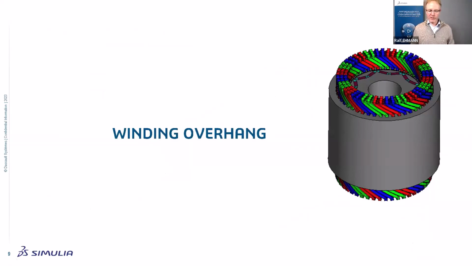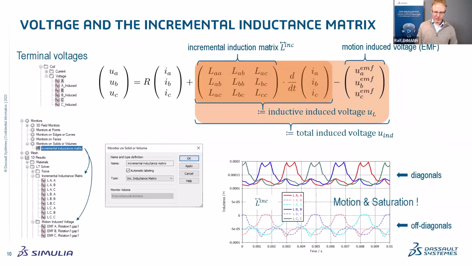So next we are looking at the winding overhang. So I have to introduce a bit of theory so that you can understand what we are trying to do here. There is, let's say, one fundamental equation. So the terminal voltage, so the voltage you see at the terminals of your machine, is decomposed into a resistive part.